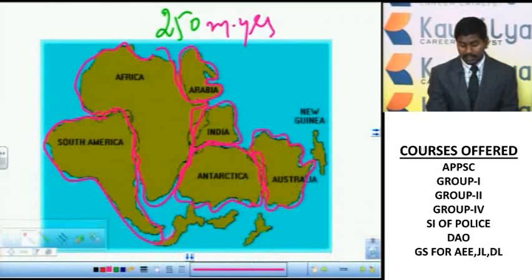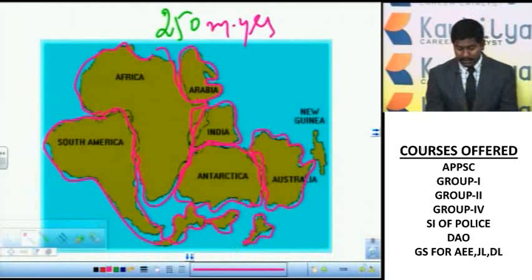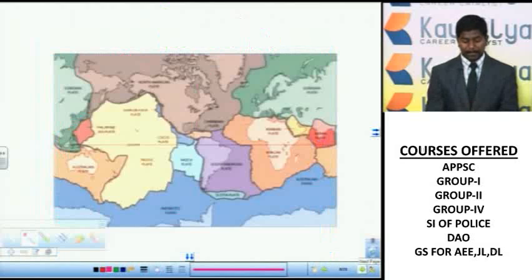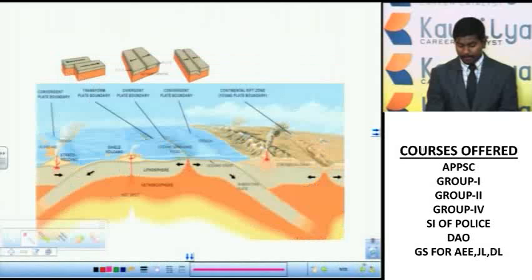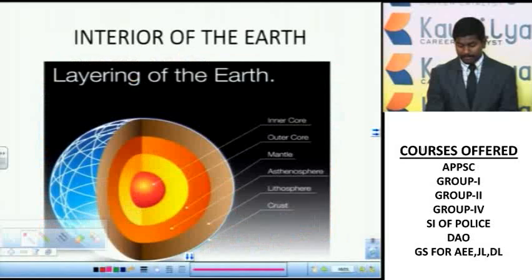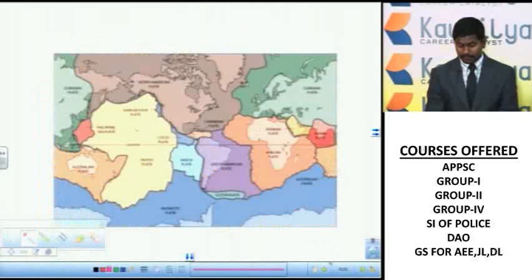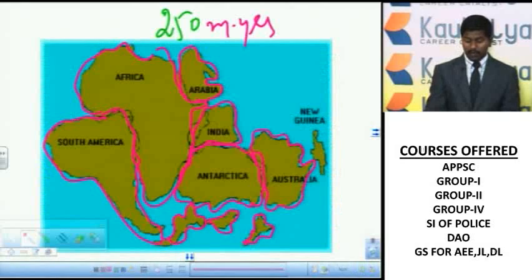Now these are the small landmasses in the southern part of Antarctica. This is how the single landmass was broken into different pieces. Later these pieces developed to form the present day continents and oceans.